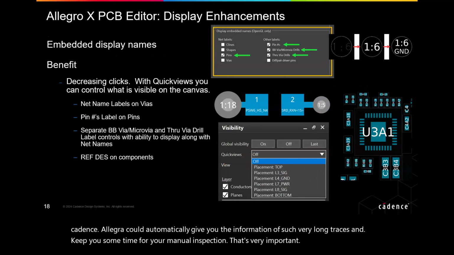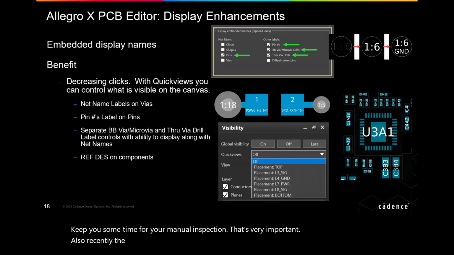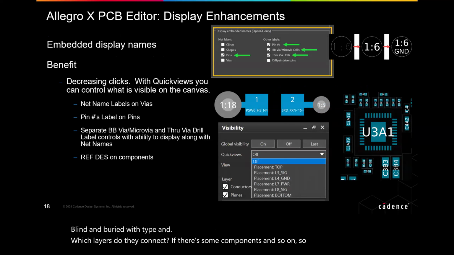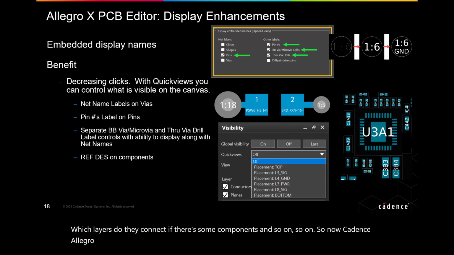Also, display enhancements were recently introduced, and you can now see the net name over the vias, pin names, pin numbers, blind and buried vias, their type and which layers they connect, refdes on components, and so on. So now Cadence Allegro PCB Designer provides a much better display view than before.